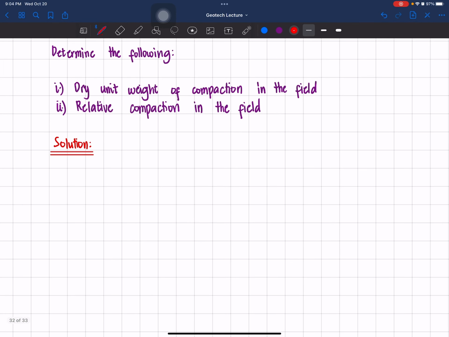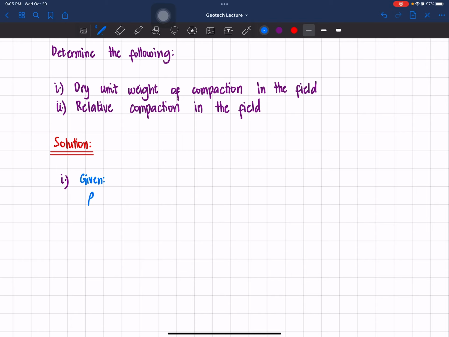Okay. So, sulat ko yung dito. So, ano yung calibrated density ng Ottawa sand? Select ko muna yung mga given para hindi tayo ma-confused. Okay, eto.